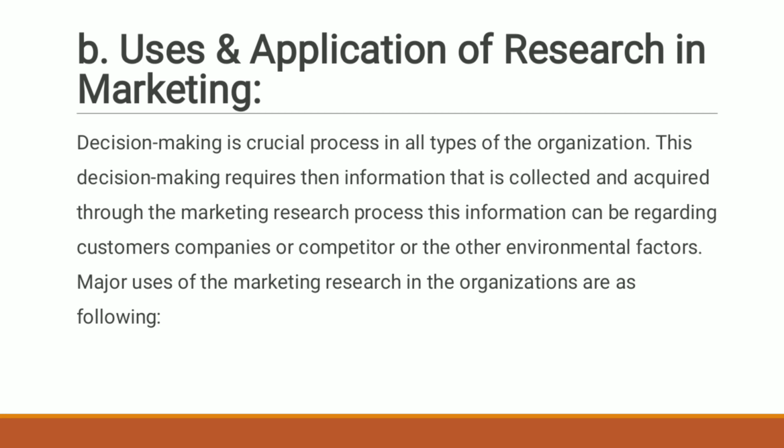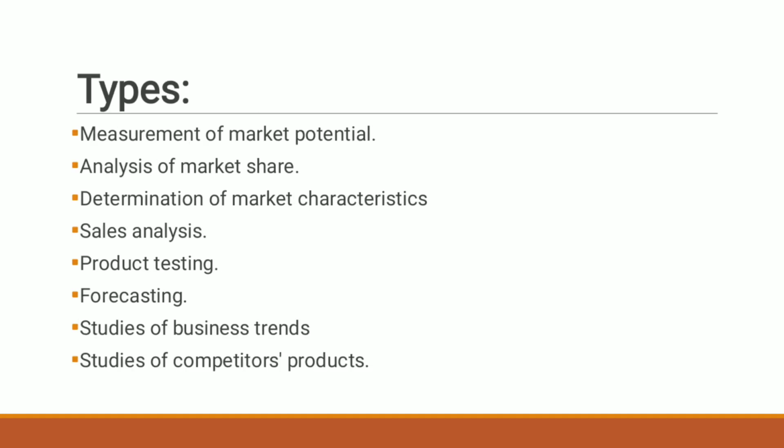This information can be regarding customers, companies, competitors, or other environmental factors. Major uses of research in the organization are as follows: measurement of market potential, analysis of market share, determination of market characteristics, sales analysis, product testing, forecasting, study of business trends, and studies of competitor products.